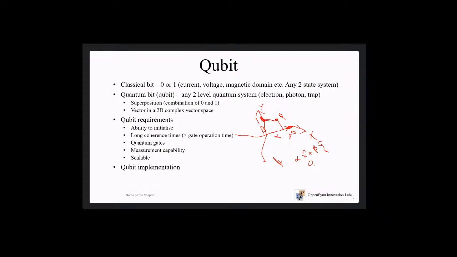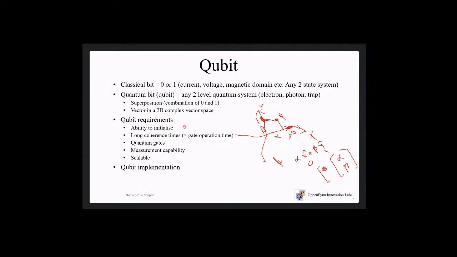Another thing is, just like for a classical bit you have certain requirements to represent it, we have certain requirements to represent a qubit as well, very similar to the requirements for a classical bit. If you have a classical bit, you would want the ability to set it to 0 or 1.